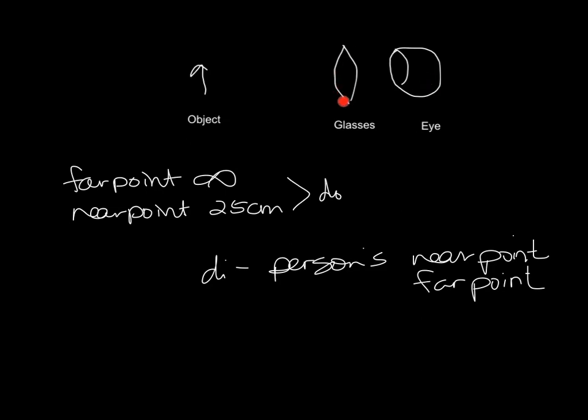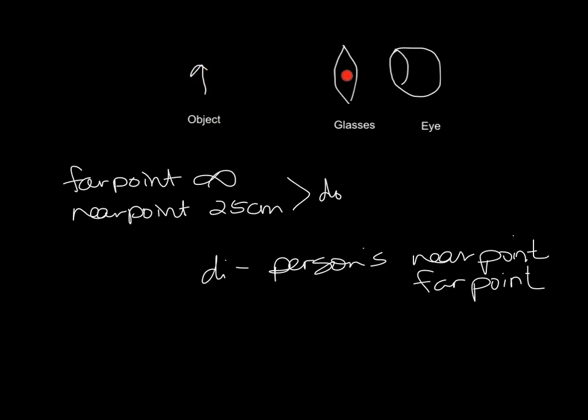The image formed by the glasses is going to be the object for my eye. My eye can only see at my eye's near point and far point. This is normal. This is where I'm going to put the object. I'm going to put the book right here at 25 centimeters.